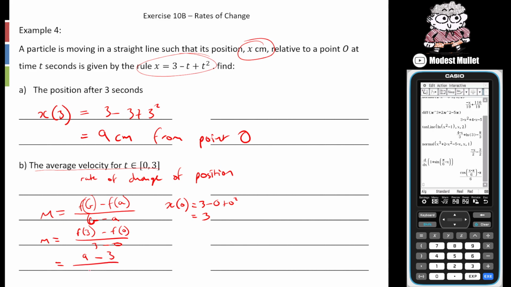So we get 9 take away 3 on 3 take away 0. 6 on 3 is equal to 2. And again, we want to give units. Our position is measured in centimeters and t is in seconds. So that is centimeters per second. That is our average velocity, 2 centimeters per second.